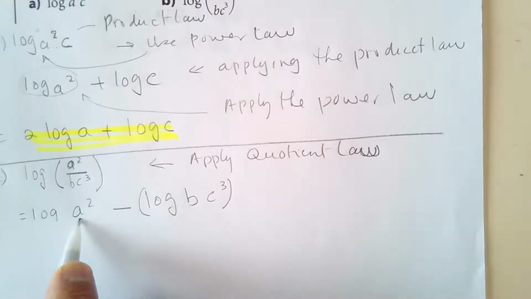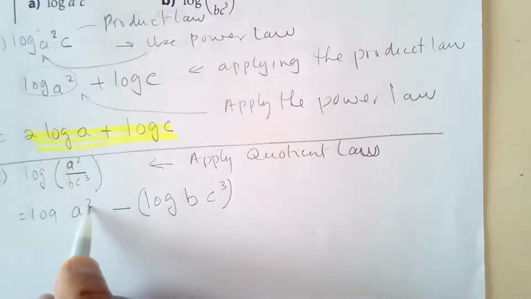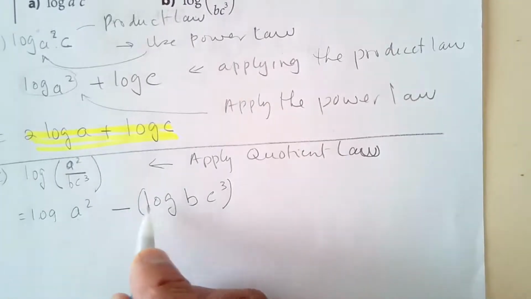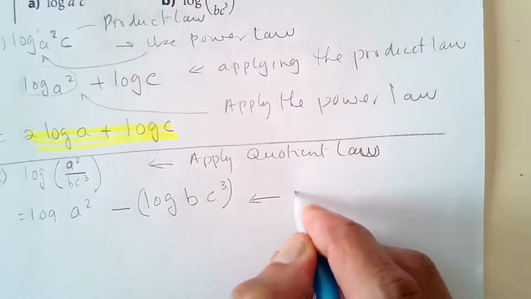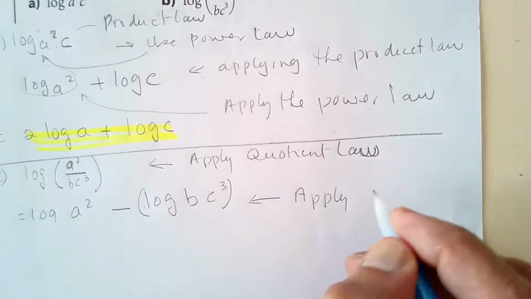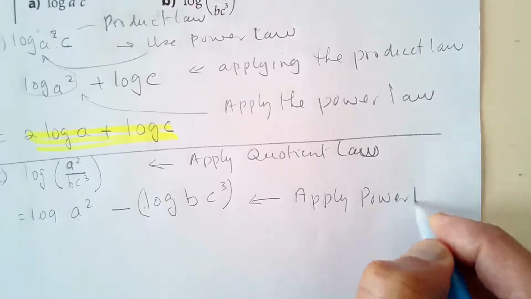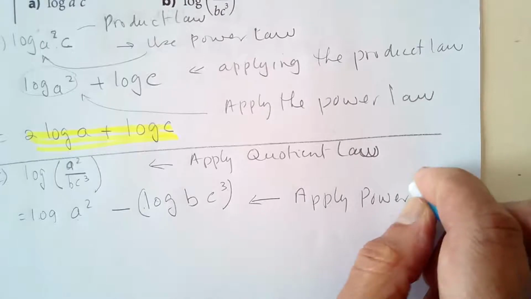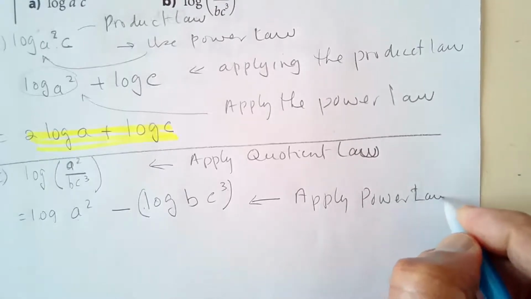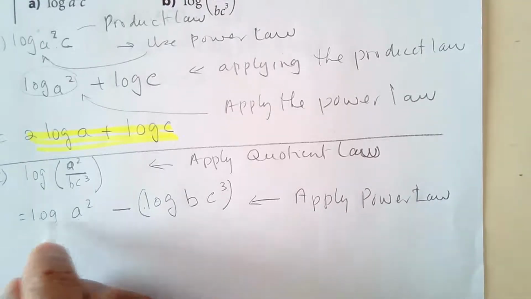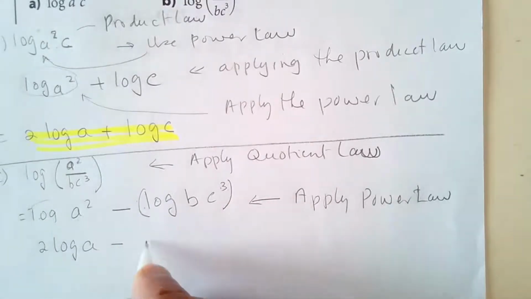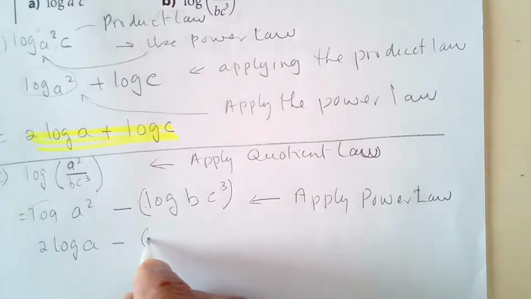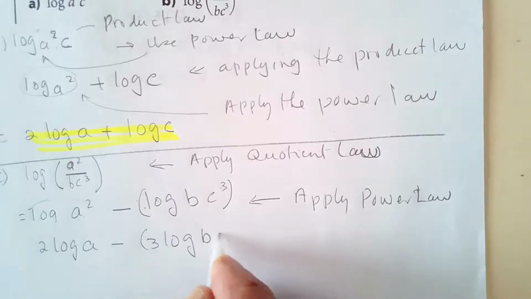Here, because of the exponent, we can now apply the power law. So it's 2 log A, because you move this to the front, minus, this comes to the front, 3 log BC.